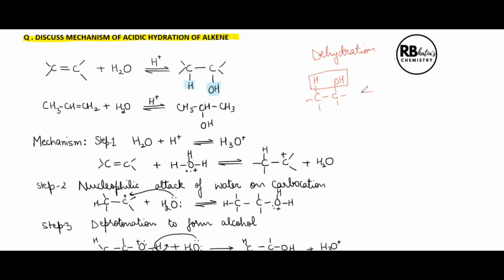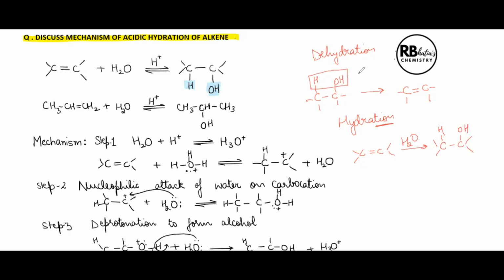So dehydration means loss of water leading to formation of an alkene. And hydration is an additive process. Hydration means addition of water on an alkene, and addition of water on an alkene is going to lead to formation of alcohol.